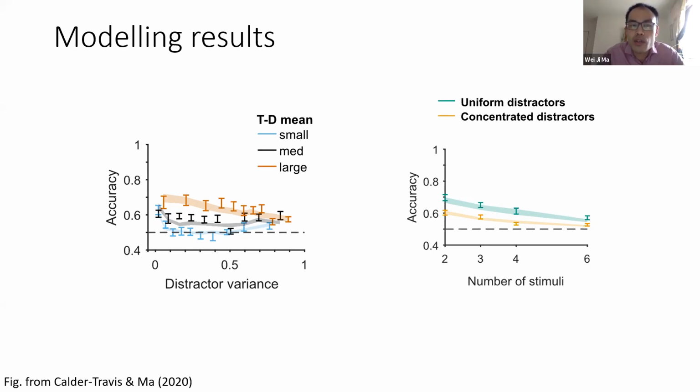I guess because the target distractor mean is not zero, right? It's small. So in the earlier regime, when you increase distractor variance, you're actually pushing more distractors towards the target, right? And then at some point it's going to go away from the target again. I think that's my intuition.